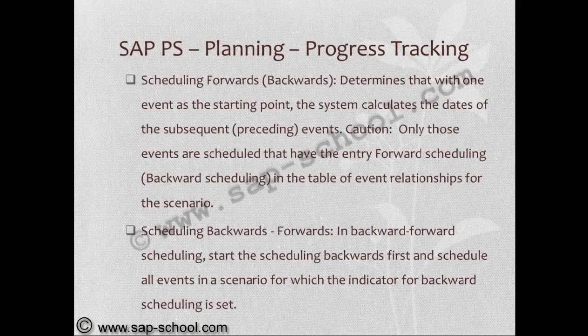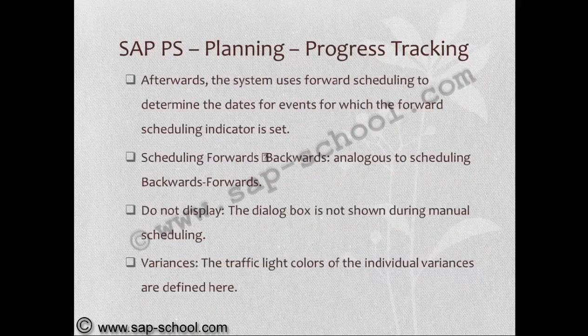So here, if we consider backward, with one event as a starting point, the system calculates the dates of the subsequent events. Only those events are scheduled that have the entry forward scheduling in the table event relationship for the scenario. For backward-forward scheduling, start the scheduling backwards first, then schedule all event scenarios for which the indicator for backward scheduling is set.